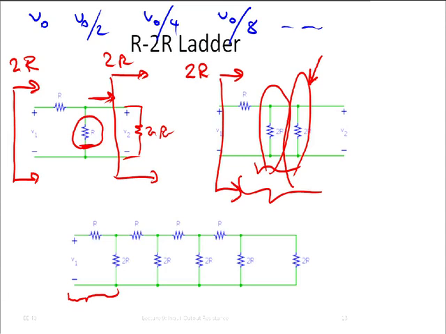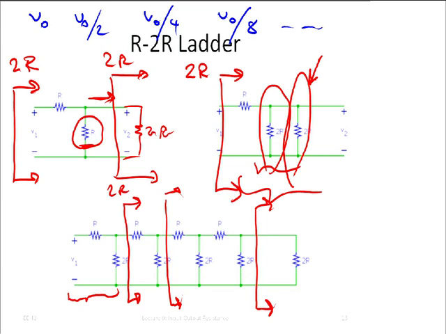I can make the same argument here, and so on. Ultimately, at the end, when I want to stop, I need to present the resistance of value 2R. So in the end, I have to put one additional resistor 2R there. So what would be the voltage across the last one?